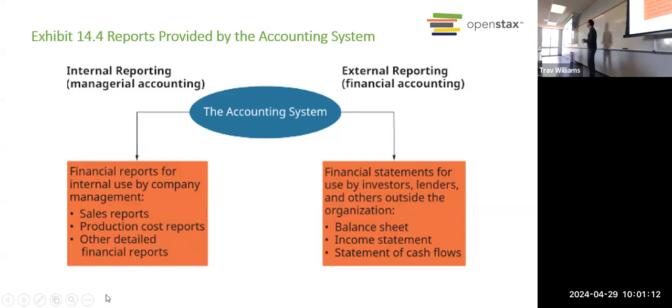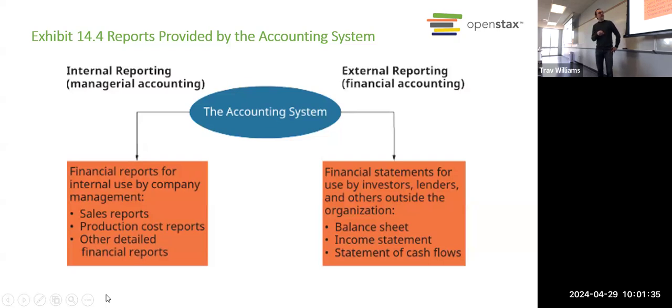So if you're not a business major, you're thinking about taking accounting for general ed purposes, talk to your counselor to make sure it's going to meet your particular needs. But if you are a business major, it's part of the required courses to graduate with the associate's degree in business here.